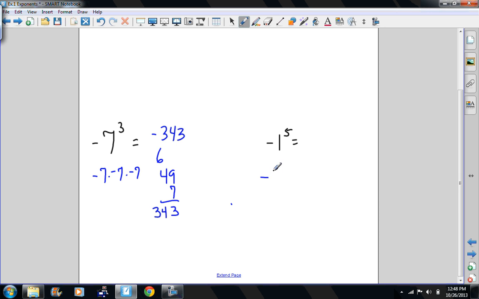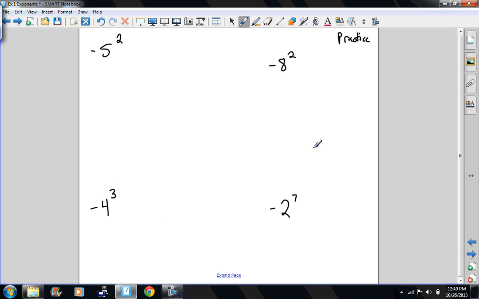And over here, negative 1 to the 5th is just negative 1 written 5 times. Since it's an odd number of negatives, that would be a negative 1. All right. Try these on your own and see how you do.